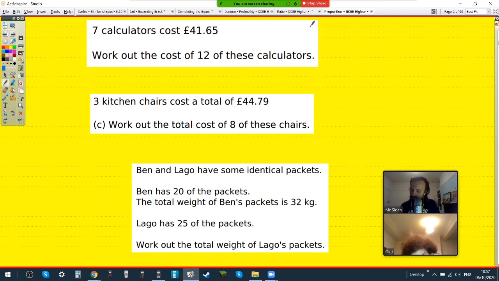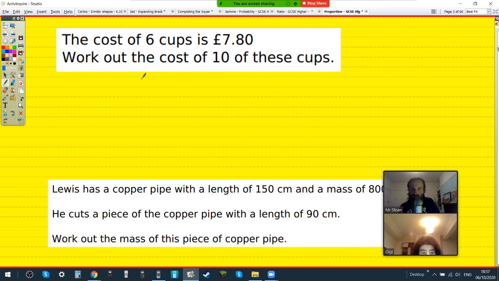It's £5.95, so the cost of 12 would be £71.40. So divide by 7 times by 12. They're gonna be the same.